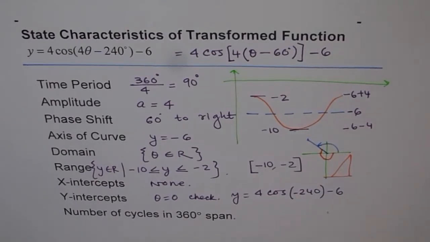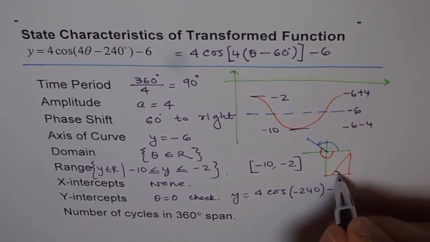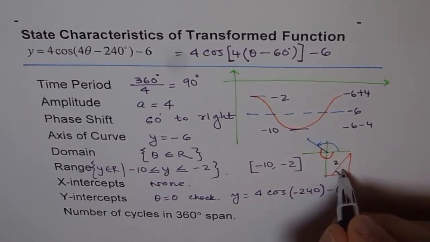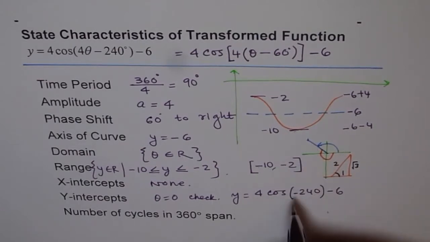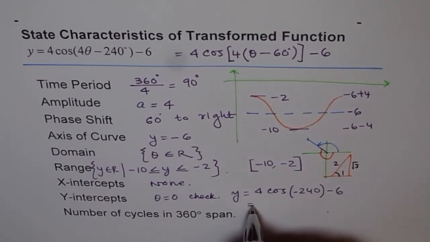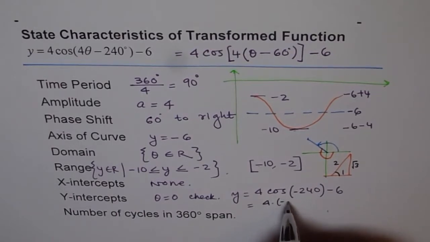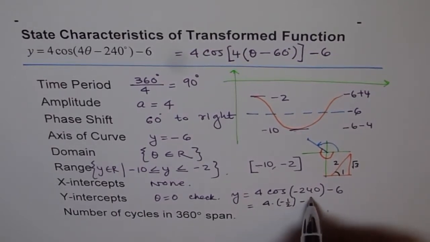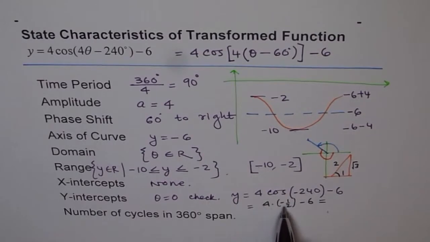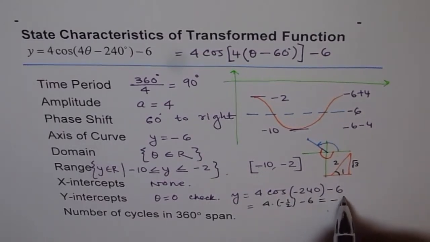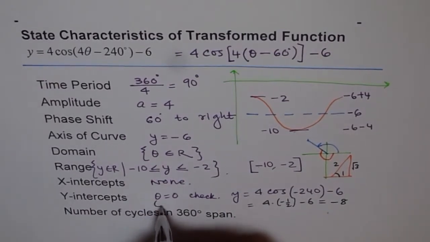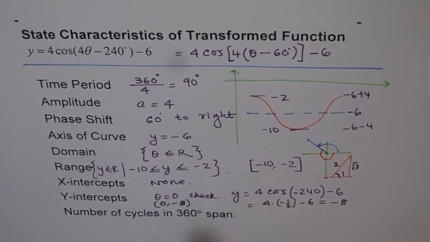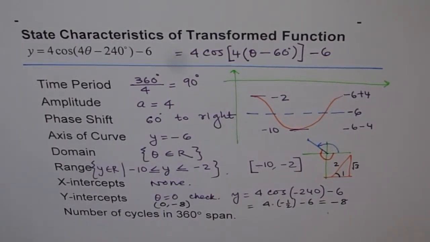So a 60 degree triangle, with sides 1, root 3 and 2, so cos is half, right? Since it is in quadrant 2, it is negative half. Therefore the value is 4 times negative half minus 6, right? So that is negative 2, negative 6, which gives me negative 8 as the answer, right? So the y-intercept will be at 0, negative 8. That is the coordinate for the y-intercept.